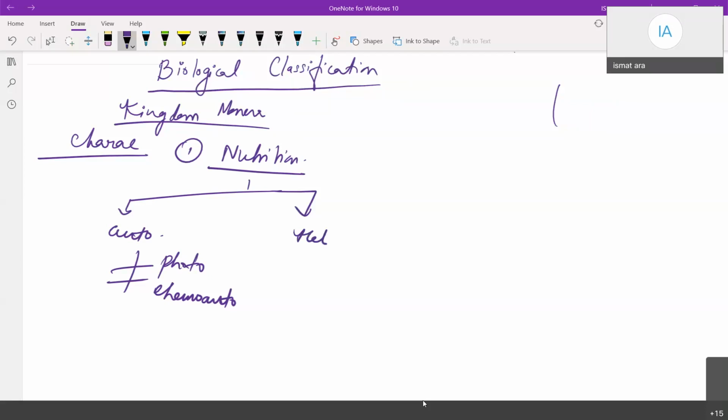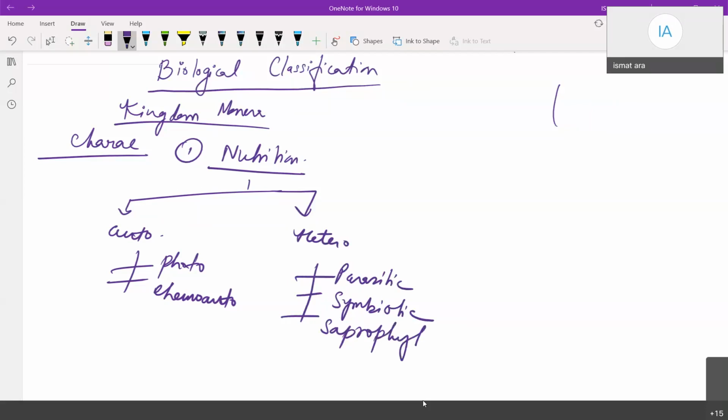Heterotrophs are parasitic, symbiotic, and saprophytic. The saprophytic mode of nutrition is the main mode of nutrition.